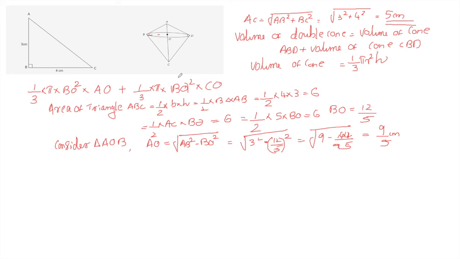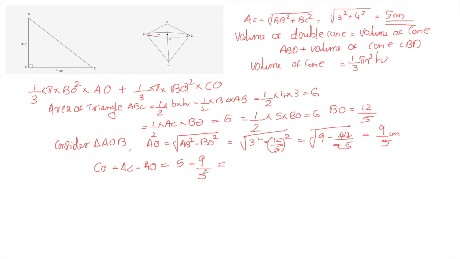AC we have as 5, and AO we also found. So CO is equal to AC minus AO, that is 5 minus 9 by 5.